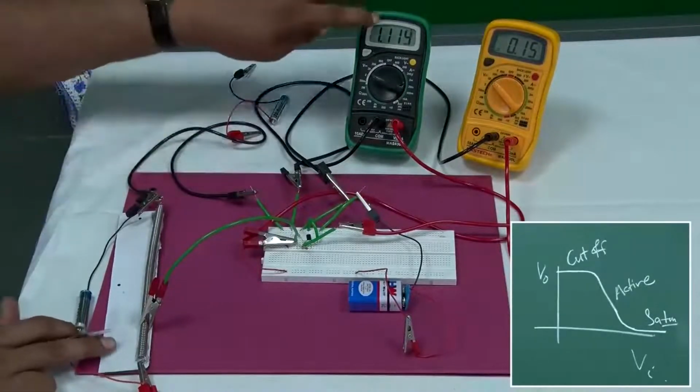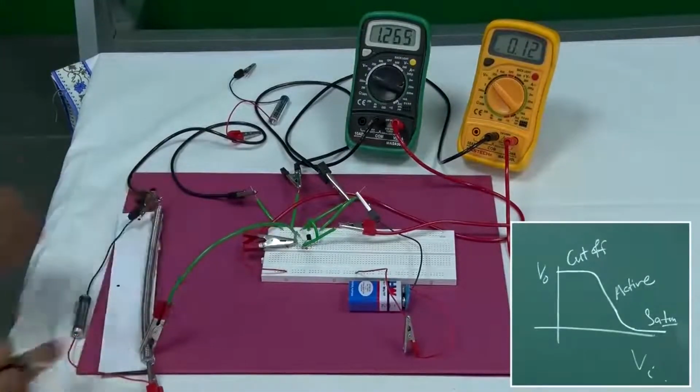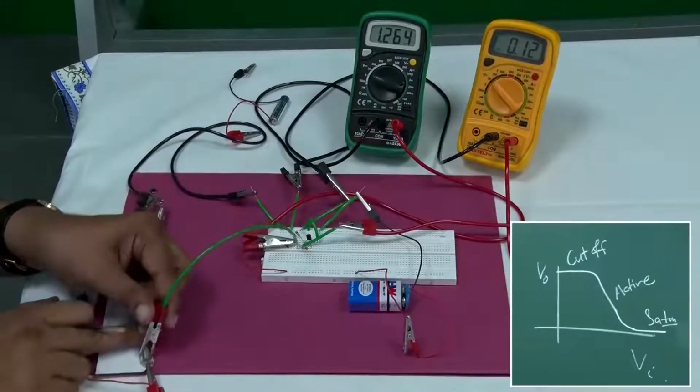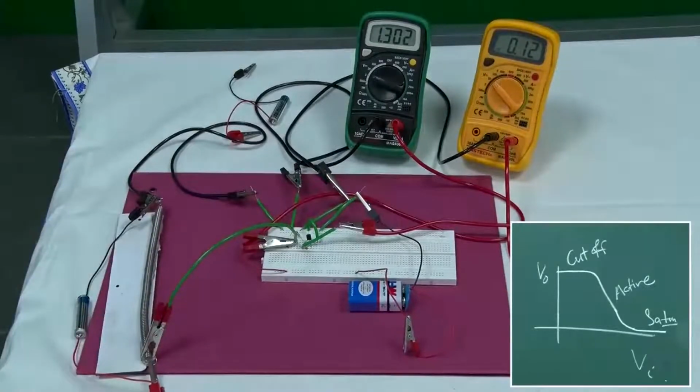From 1.115, let me increase it further. Here, 1.268 input voltage, but output is still 0.12. And here, see, it is 1.302 and the output is still 0.12. So, this is the saturation region.